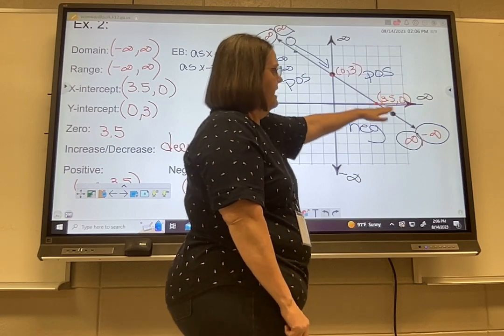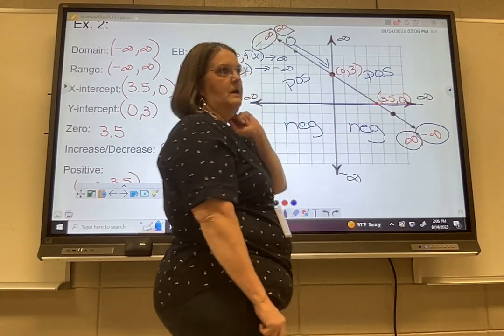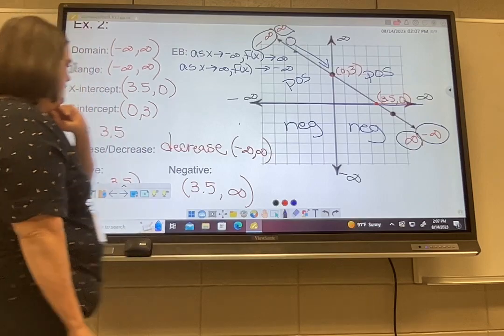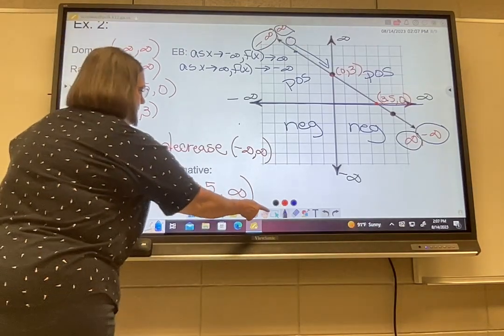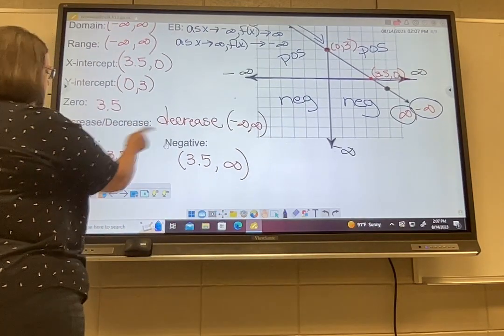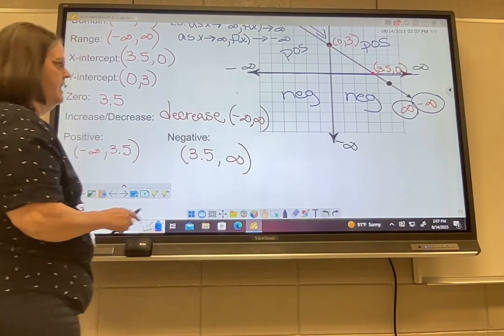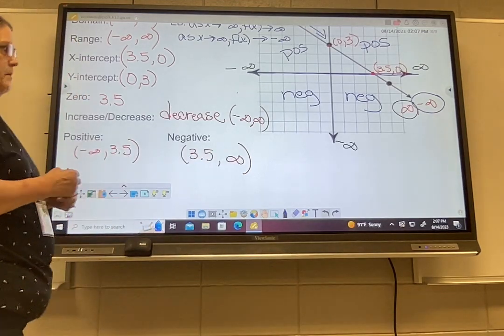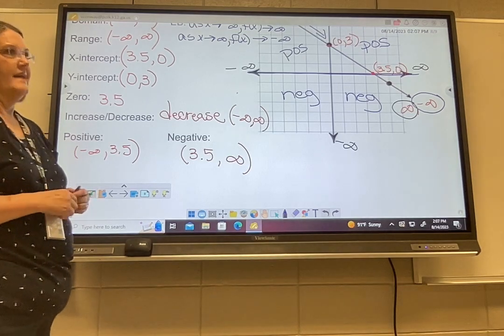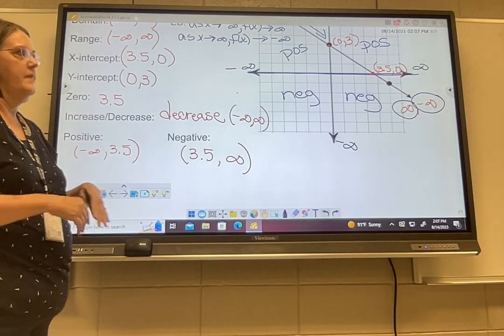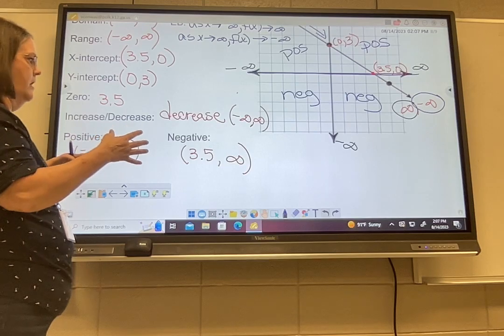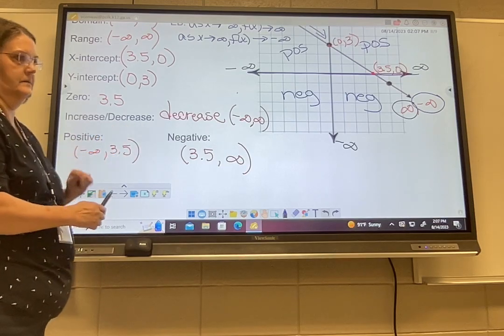Then from 3.5 to infinity, y becomes negative. So it is positive from negative infinity to 3.5 and negative from 3.5 to infinity. And when I use the word positive and the word negative, remember that describes y. Where that happens or occurs on the graph is described by x.